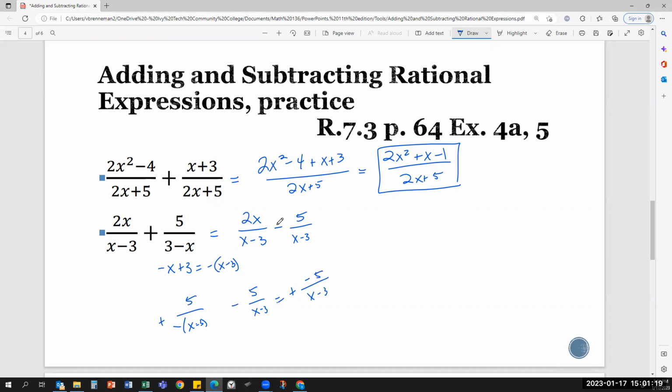That might actually be the best way to do it, just putting that negative onto the 5 on top. Then we have the matching denominators, and we have 2x minus 5 over x minus 3.